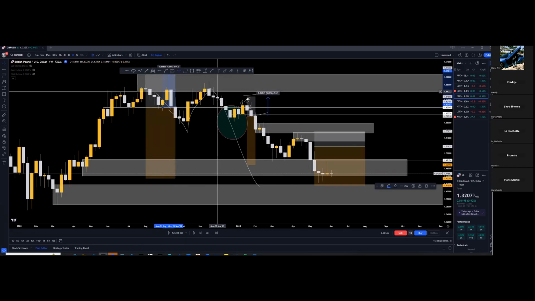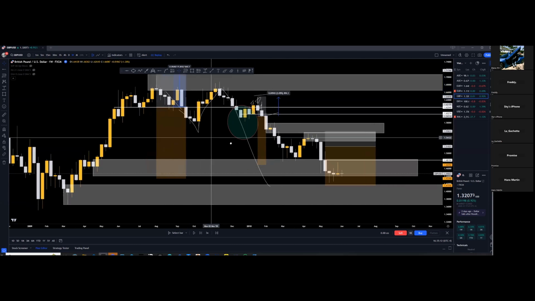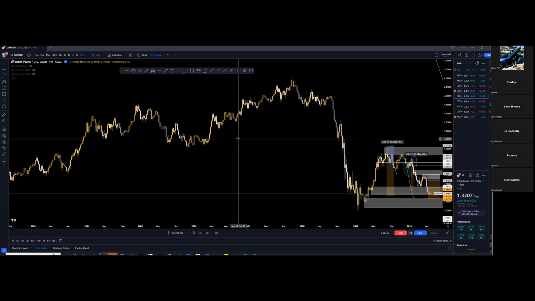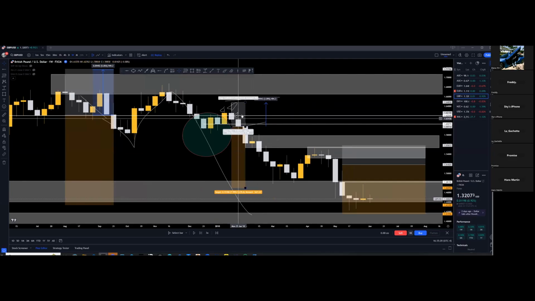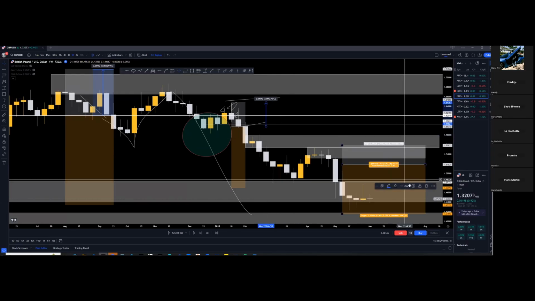Because if you come this day and you're having a 96 pip stop loss, is this supposed to be really 96? I feel like something is wrong here. That is a lot. I don't trade that pair like that, so I feel like that's a lot. But anyways, it's probably the right thing. Because 49 pips is crazy. No, there's something wrong here. I ain't gonna lie, this thing is showing very differently. Let me see the settings.